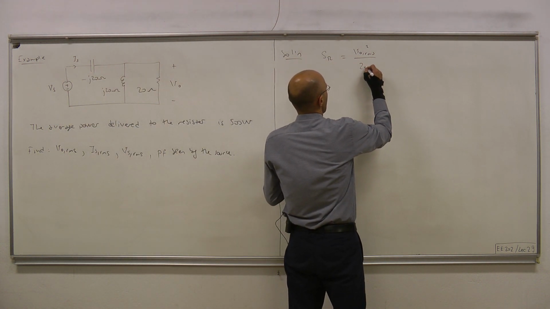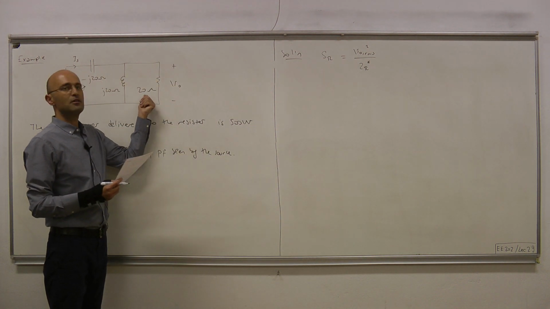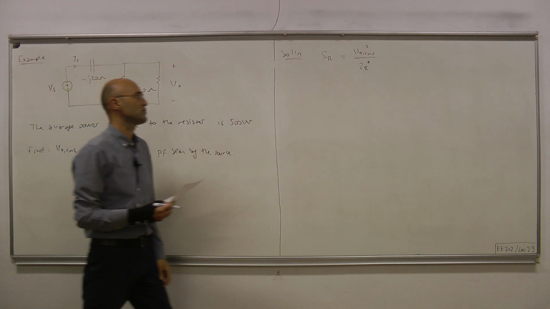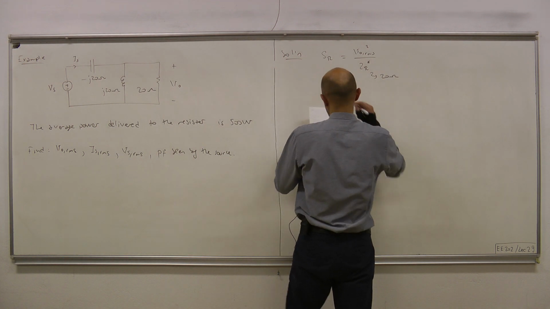Now, ZR conjugate. Since ZR is real, 20 ohm, its conjugate equals itself. So ZR conjugate, in our case, is 20 ohms.